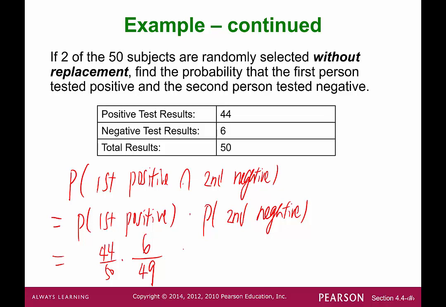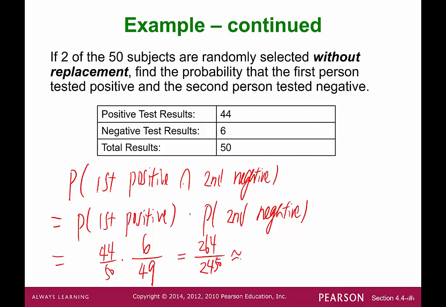Now we could simplify this, or we can turn it into decimal numbers. So 44 times 6 is 264, dividing by 50 times 49, which is 2450.